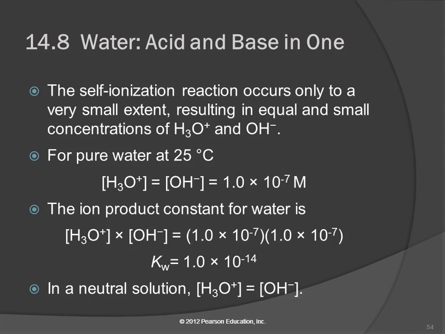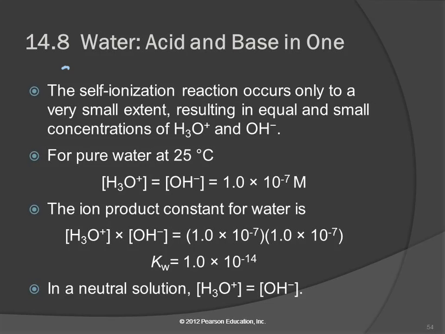But that doesn't change the pH, does it? We'll get to that. So it happens to a very small extent. Now, we have the advantage of already having done Chapter 15. In Chapter 15, we learned what to do and how to calculate equilibrium constants, right?